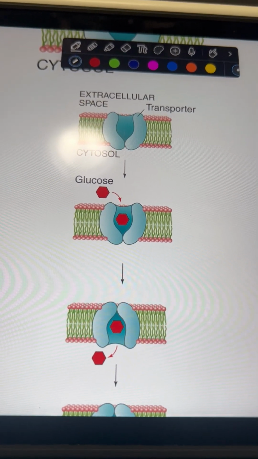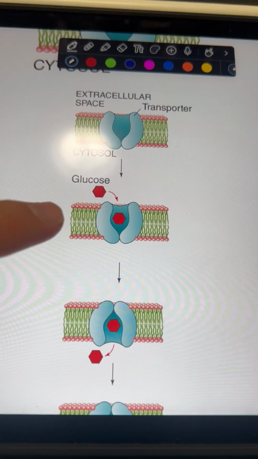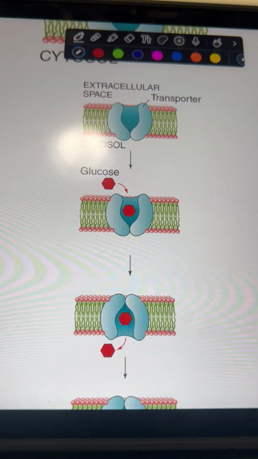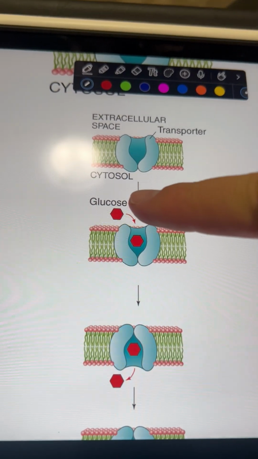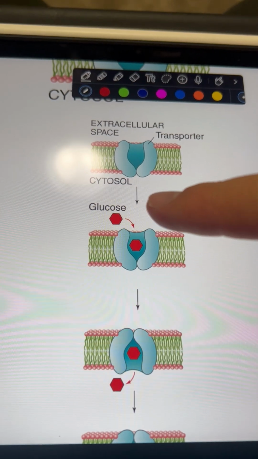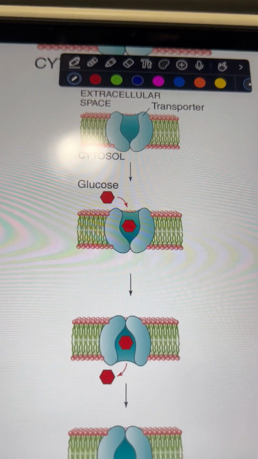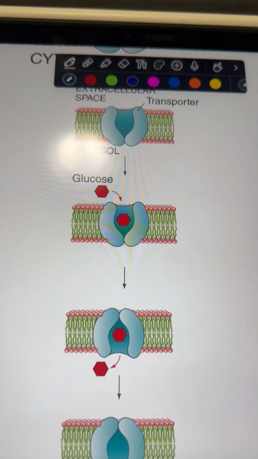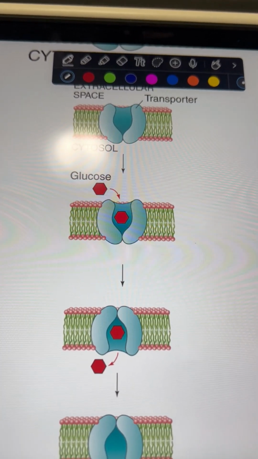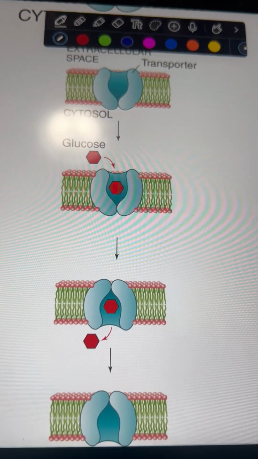Then what's going to happen next is the glucose is going to bind to the transporter. As we can see here, the glucose is in the extracellular space, and then it physically binds to this transporter.